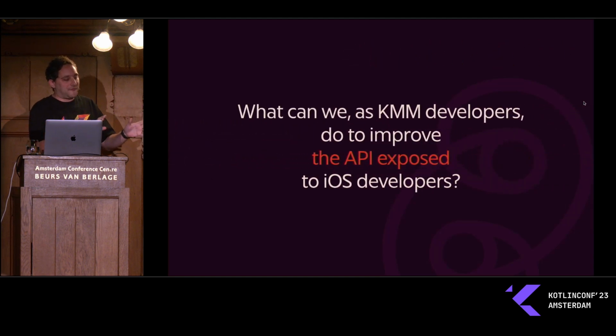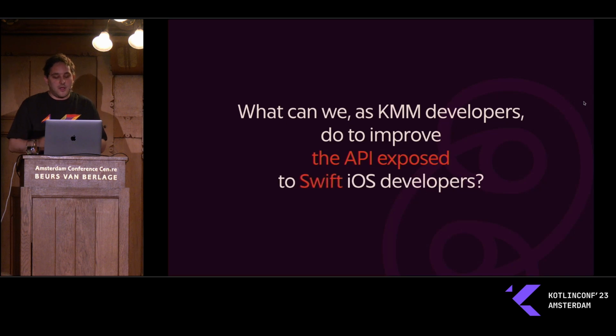So let's go back to our first question. What can we as KMM developers do to improve the API exposed to iOS developers? Now that we know that we can produce Swift APIs, the question becomes: what can we do to improve the API exposed to Swift iOS developers?